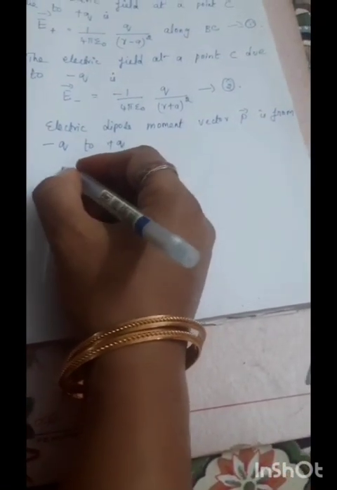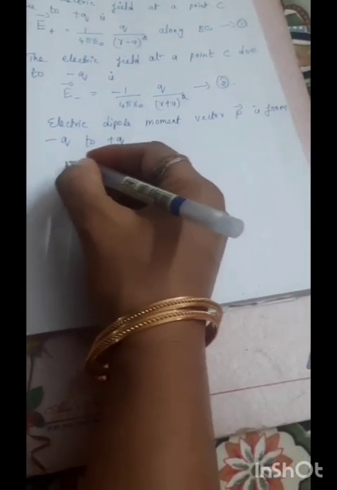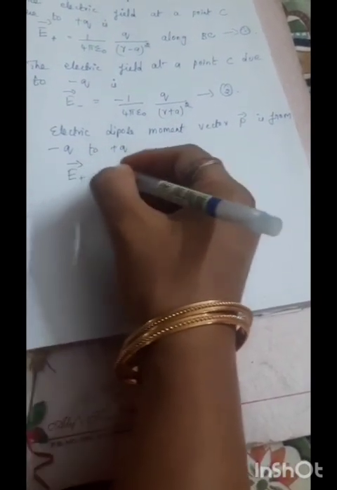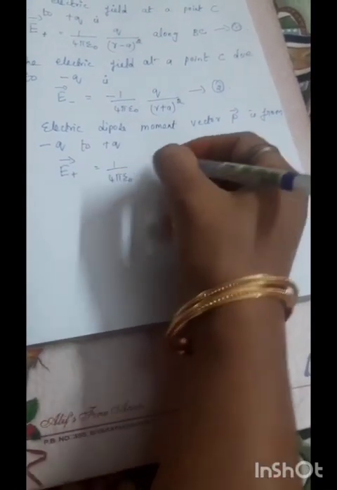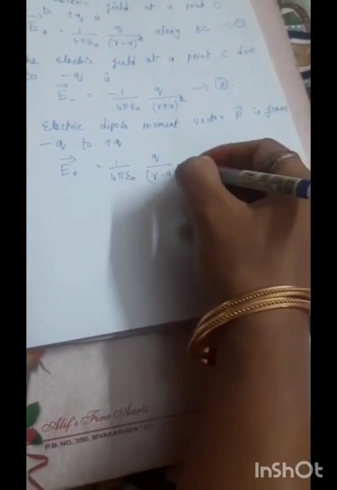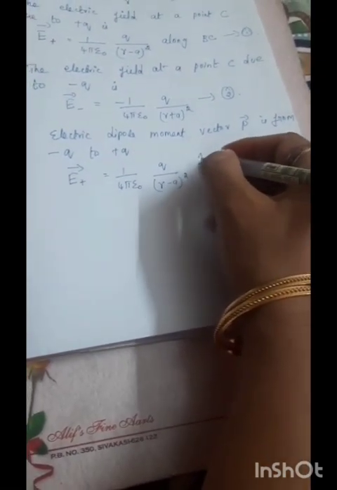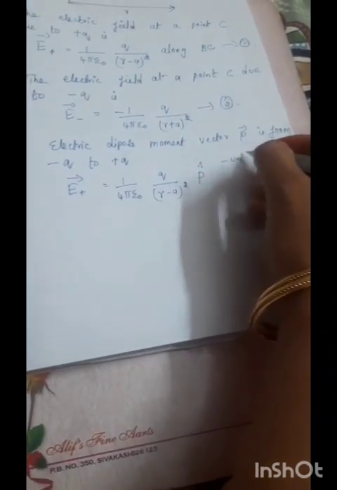Now we have to include this electric dipole moment vector. So we will have the equations as electric field positive is equal to 1 by 4 pi epsilon naught into q divided by (r minus a) the whole square into p cap. What is p cap? Cap represents the unit. That is the electric dipole moment unit vector.